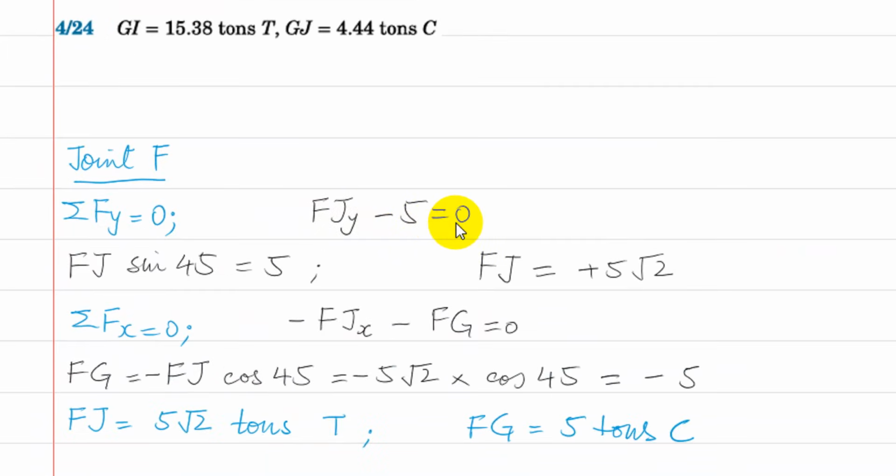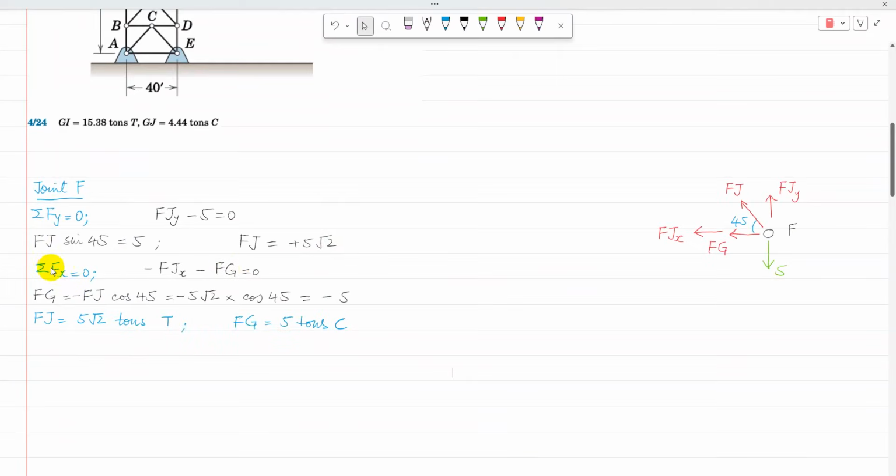FJy is FJ sine 45, and FJ comes as 5 over sine 45, which is plus 5 root 2. Then for sigma Fx, FJx and FG are both negative, so minus FJx minus FG is equal to 0. So FG is equal to minus FJx, and FJx is FJ cos 45.